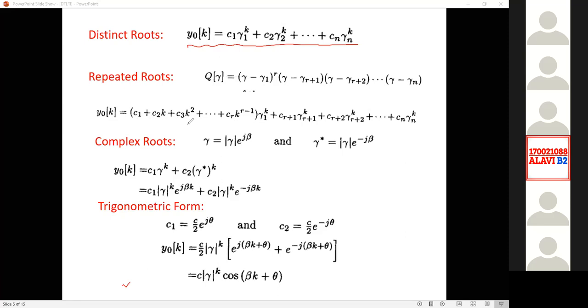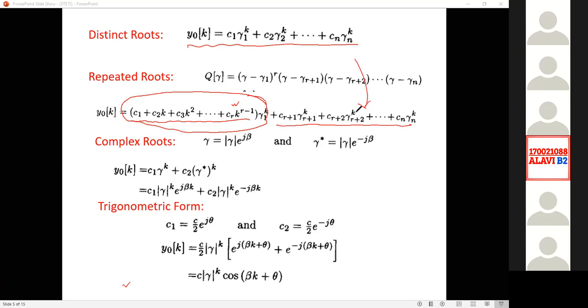That means the number of samples is our variable. So this will be the solution for the repeating root lambda 1, because lambda 1 is repeated r times. So this k to the power r minus 1 is coming here. This is for your repeating term. The non-repeating terms will have the same nature as before, okay?